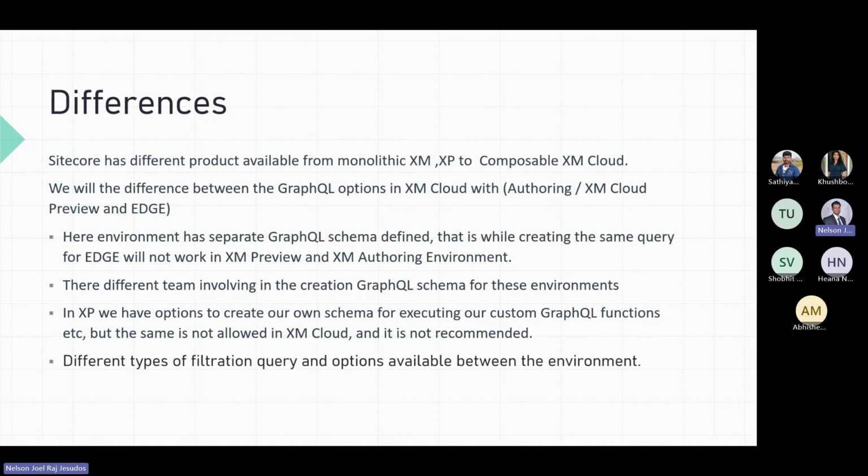Each has a different schema, but there is a slight similarity between XM Cloud preview and edge environment. They are actually a mirror of each other. But again, as I told, there will be minor schema changes between them. So sometimes some of your queries might not work in the edge environment, and they will work in the preview environment. So we need to be careful on this one. We need to run it properly and execute it.